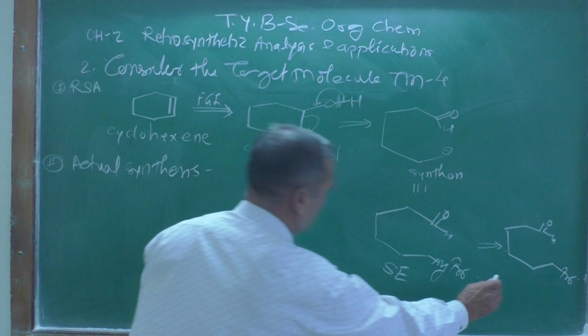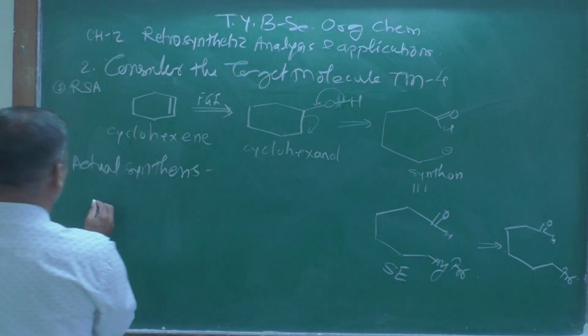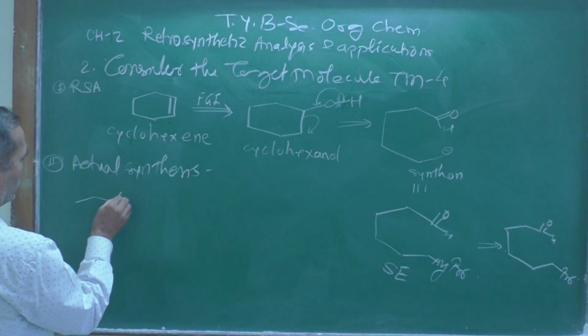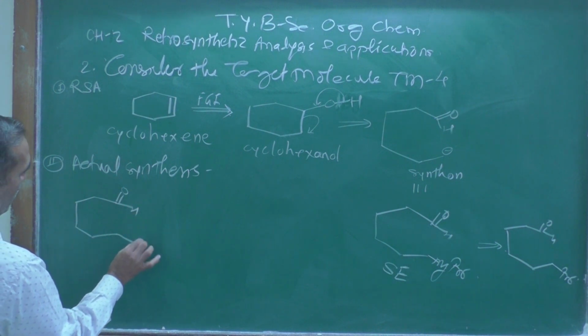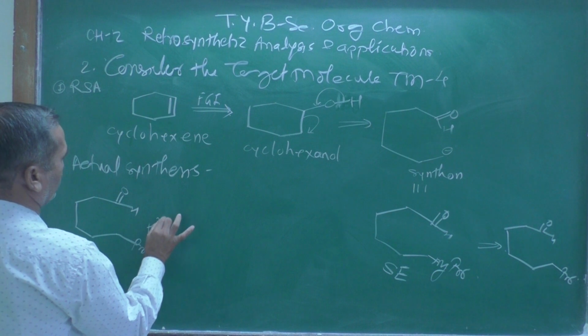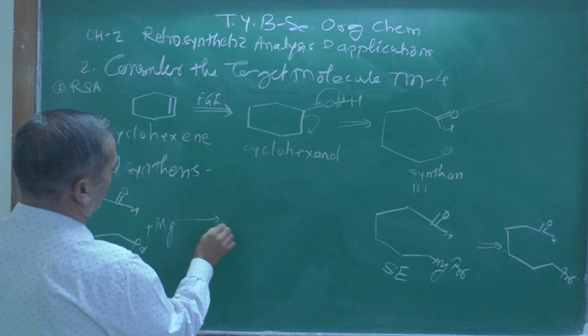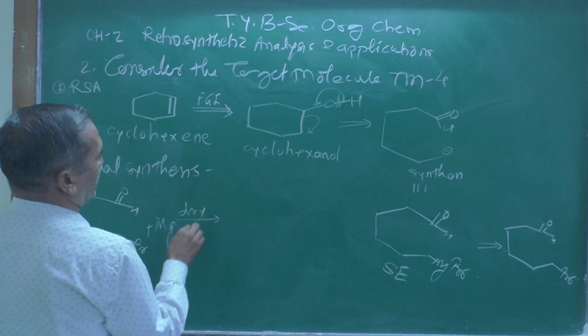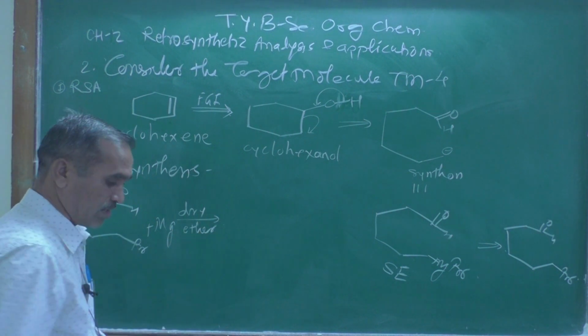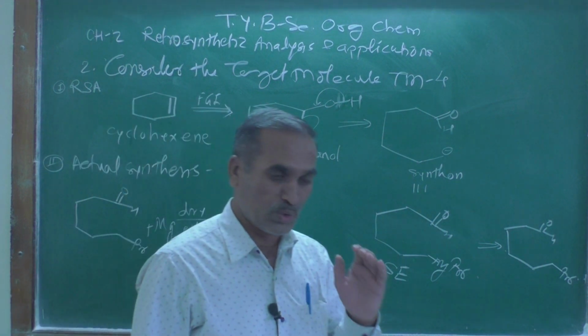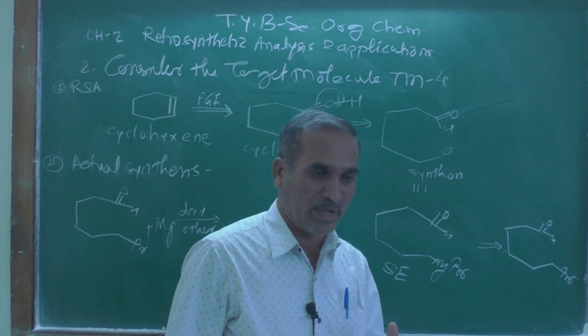So let's begin the synthesis of this target molecule, which is a cyclohexene. Now I am starting from this. I am writing C double bond OH as it is, then Br, and now I am adding magnesium metal, pure magnesium metal, in the presence of dry ether. Why is dry ether employed here? Do you know the reason behind it?